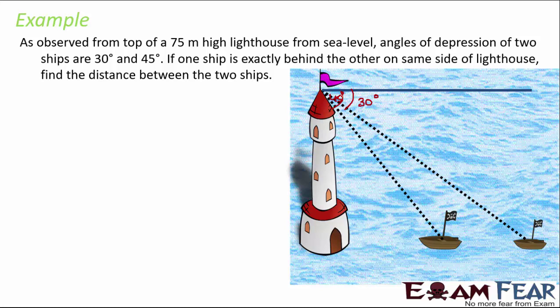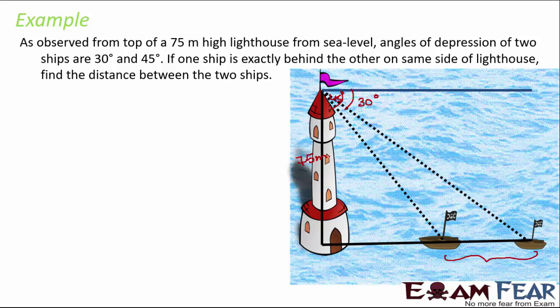Right? If one ship is exactly behind the other on the same side of the lighthouse, find the distance between the ships. So we have to find this distance. So this is the height of the lighthouse and this line will denote the distance. Now this height is given as 75 meters.